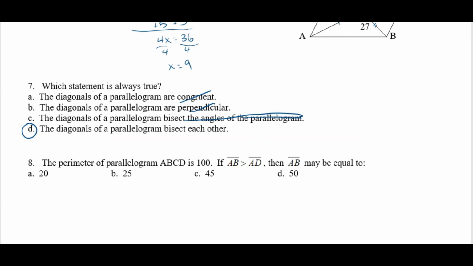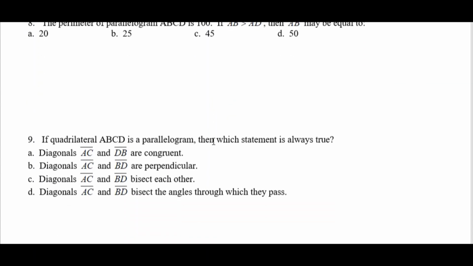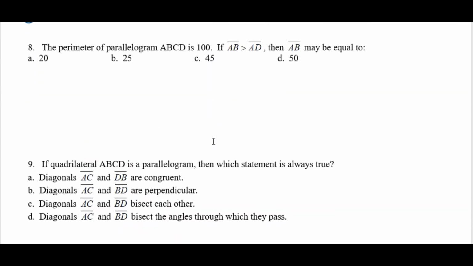And number 8 here, the last question, okay? I should say number 9 is the last question. So number 8, the perimeter of a parallelogram is 100. So if you want to go ahead and draw, that's a terrible looking parallelogram, by the way. That's a little bit better. Okay, so we'll start from here, A, and then we're going to go around counterclockwise here.